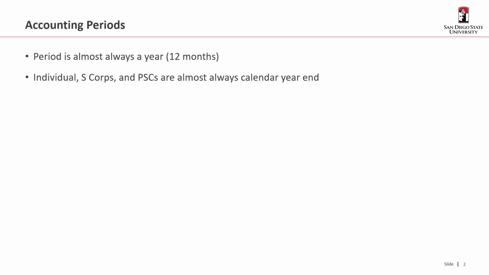Okay. So accounting periods, a period is almost always a year, which is really 12 months for tax purposes. And individuals, S-corps, and personal service corporations are almost always on a calendar year end. So individuals are on a calendar year end. That's why virtually all of us file our tax returns by April 15th.